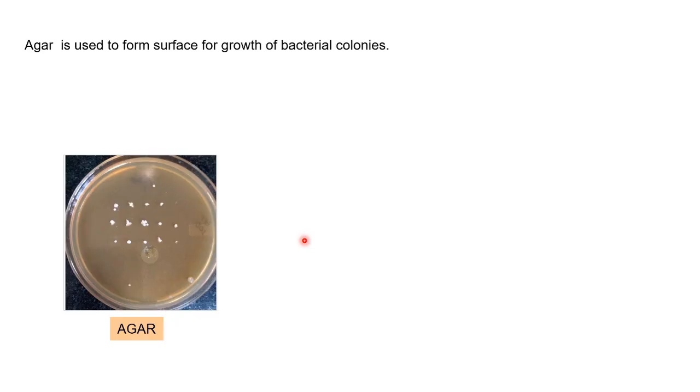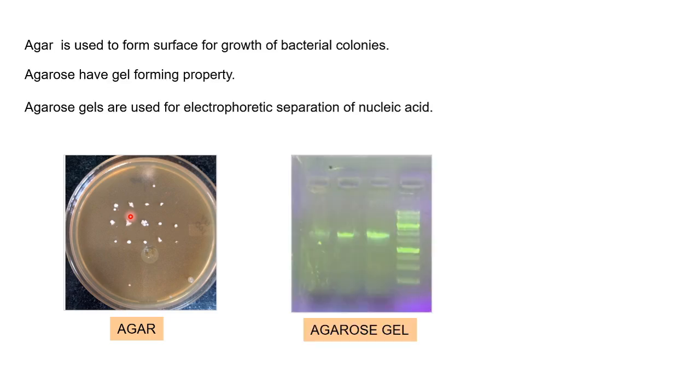So agar is used as a surface for the growth of bacterial and yeast colonies. Here this is an agar plate showing the growth of yeast, and bacteria are also grown in labs on agar plates. Second, agar is a polymer heteropolysaccharide made up of agarose and agaropectin, and agaropectin is highly negative.